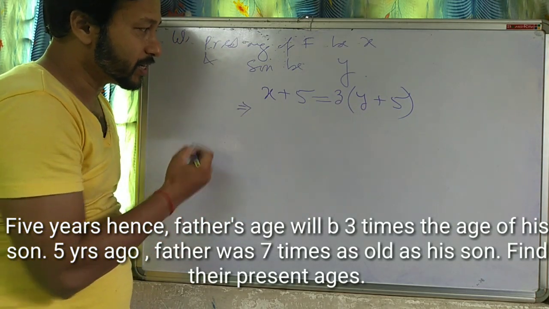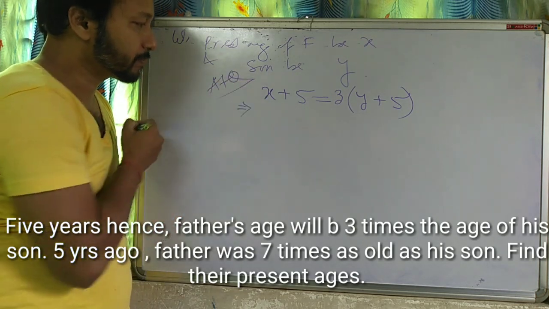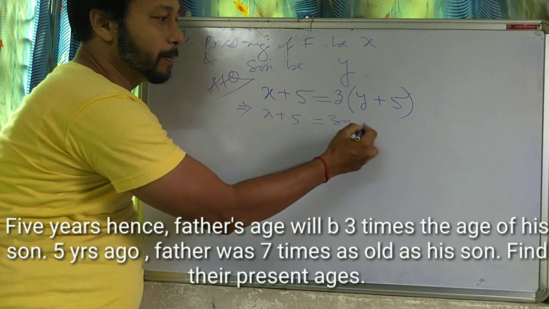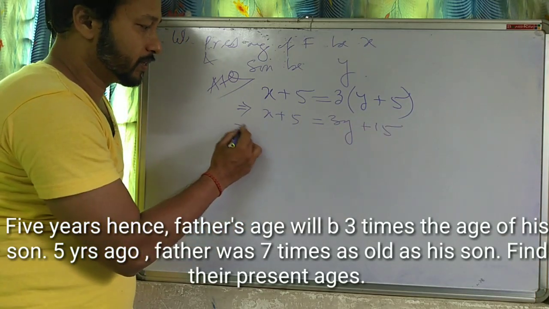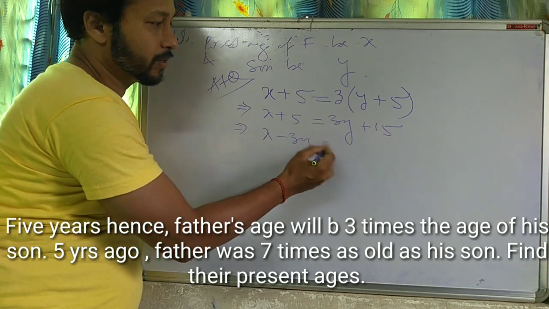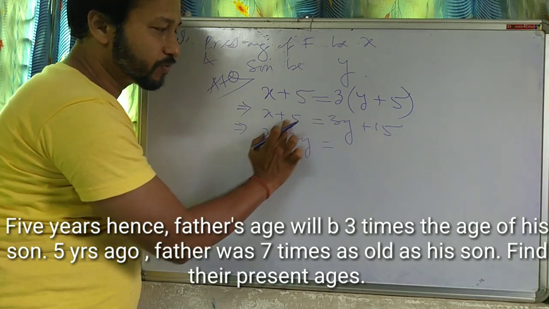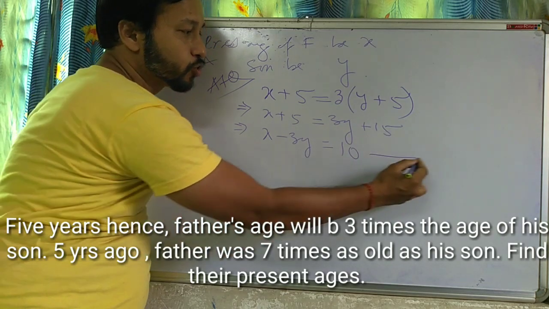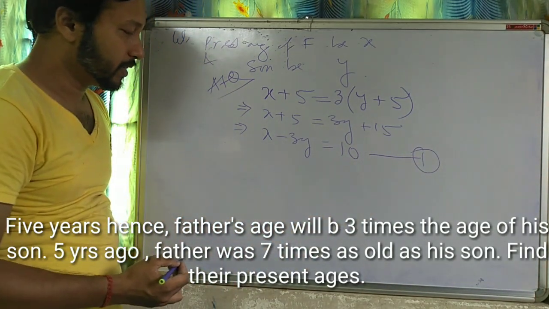Now let us continue. That is according to the question. So X plus 5 equal to 3Y plus 15. All the X and Y this side. 5 is going there, minus 5. 15 minus 5 is 10. So this is my first equation.